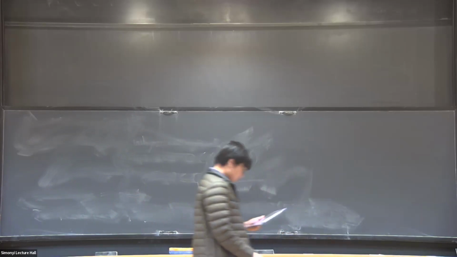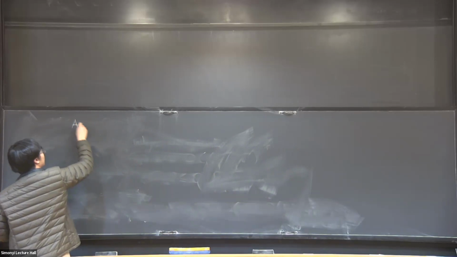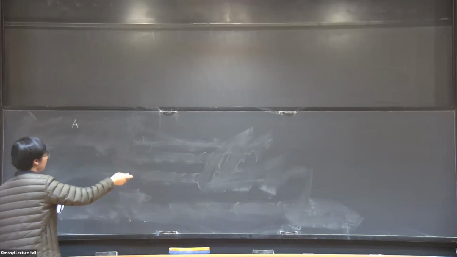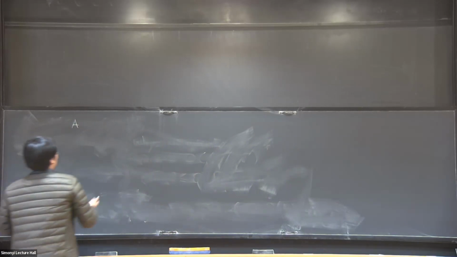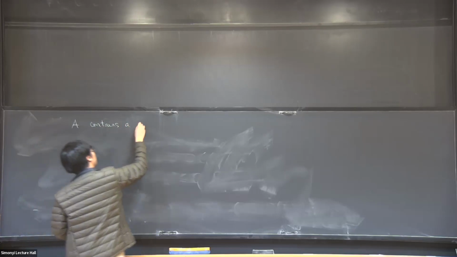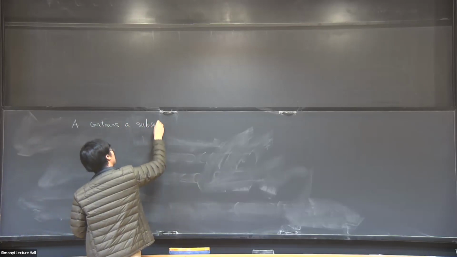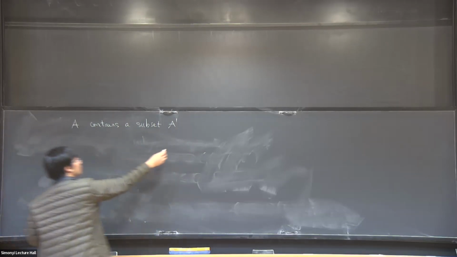Okay, so what do we do with the sets with small doubling? We show that any such set A, with doubling K that is smaller than roughly order p inverse, contains a subset A prime with the following two properties.